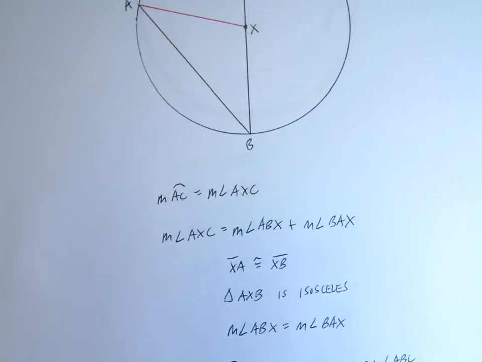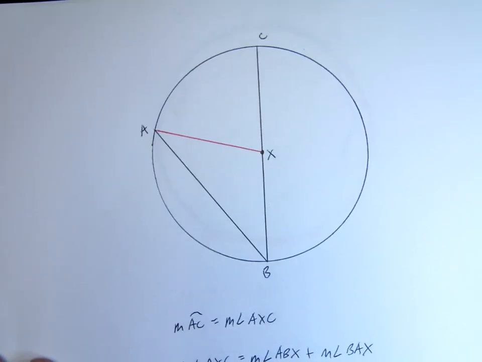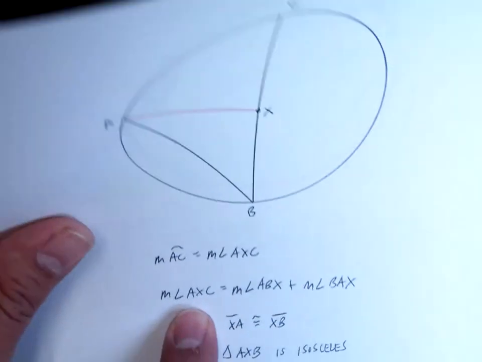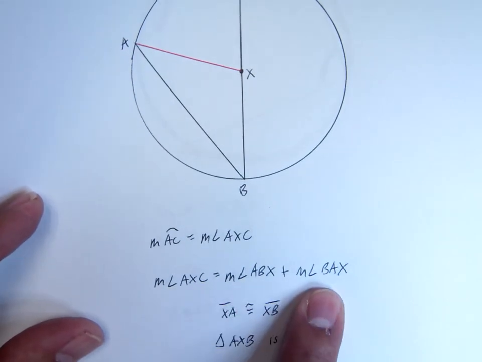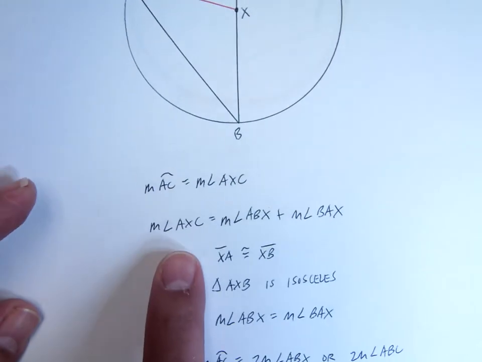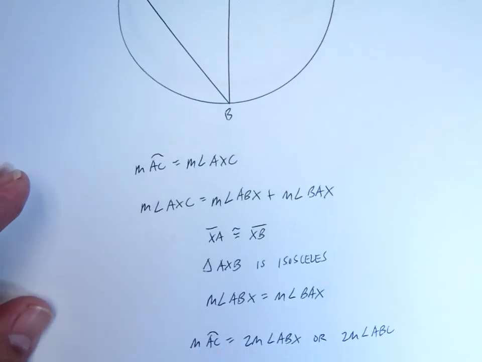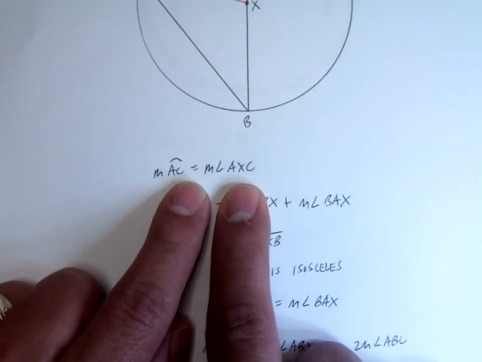Okay, so now, if ABX is equal to BAX, and we just set up here that AXC is equal to ABX plus BAX, but now we just said that these two are the same, well then the measure of angle AXC must be equal to 2 times ABX. And we set up here that these were the same.